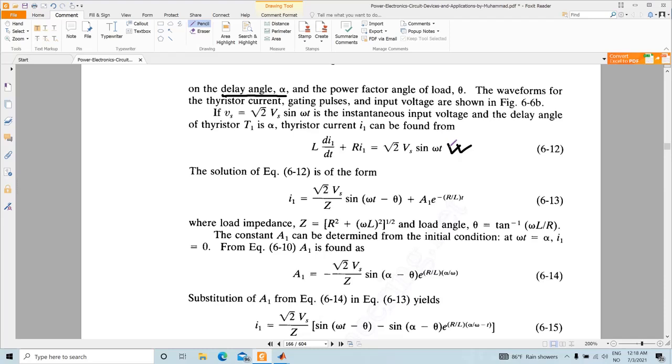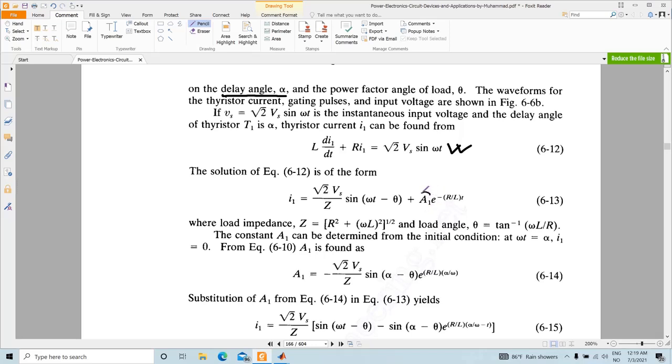The solution of this differential equation is √2 Vs divided by Z sin(omega t minus theta) plus A1 e to the power minus R divided by L t. If you use the rule for solving this differential equation, then you can find the solution in this form.